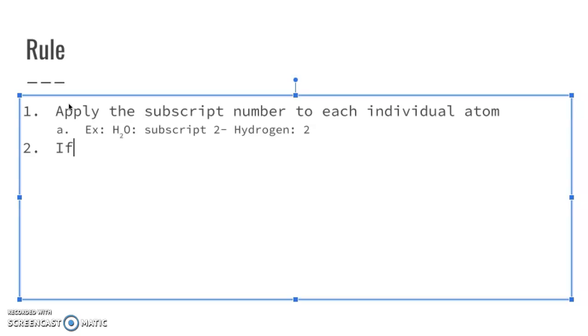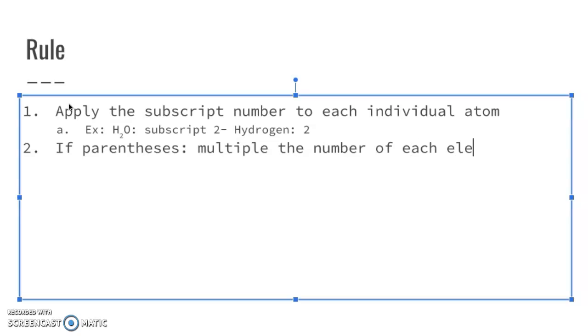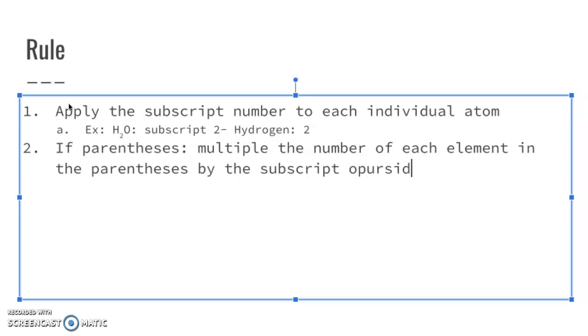Second, if parentheses, okay, multiply the number of each element in the parentheses by the subscripts outside.